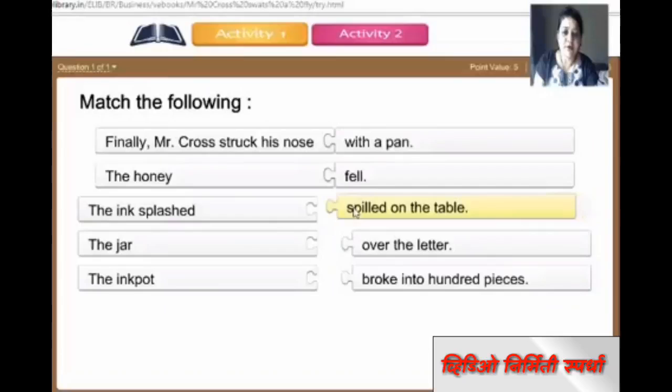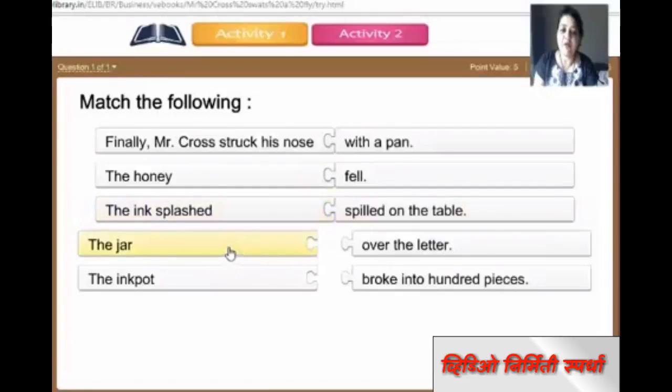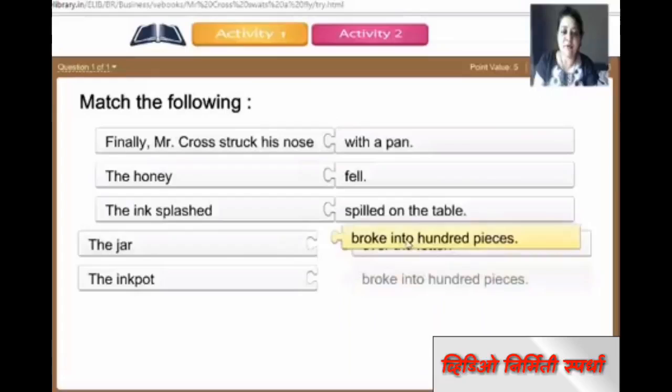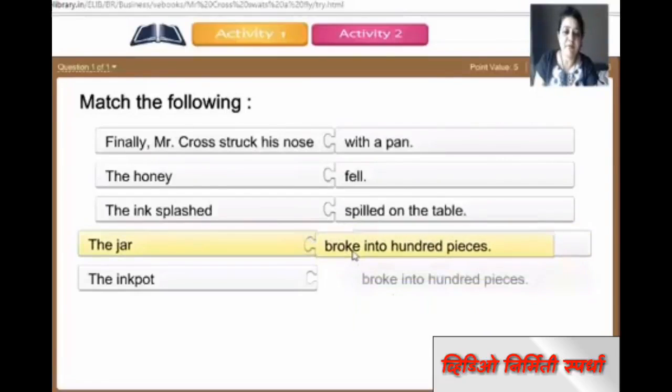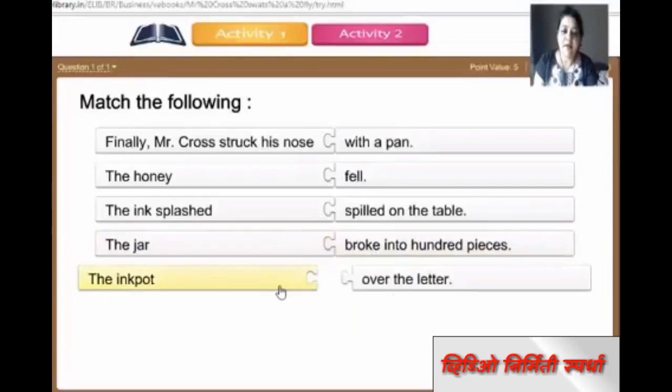It is the answer, so I am going to match it. Okay, the jar broke into 100 pieces. Okay, we are going to match it like this, and the ink pot over the letter. These are your answers. Okay, now let's check it out.